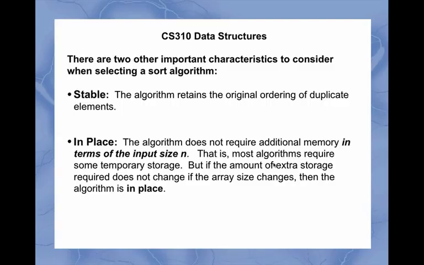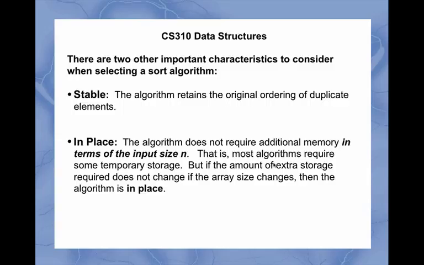The merge sort algorithm requires that you make a copy of the array. If you have to make a copy of the array, then the amount of memory required for the copy is very much dependent on the input size n. If you have an array of size 100, the copy is going to be size 100. If you have an array of size 1 million, the copy is going to be size 1 million.